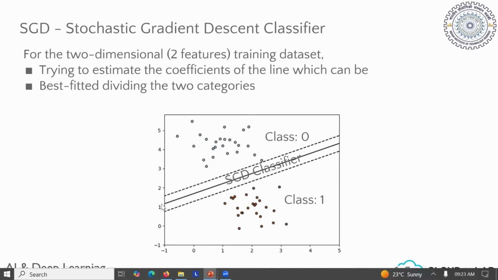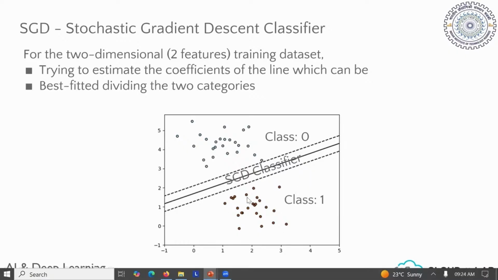As you can see here, by learning this linear classifier, we can separate these data points into different classes. For example, if a data point lies above this boundary, above this classifier, then its class is 0. If a data point lies below this boundary, below this classifier, then its class is 1.